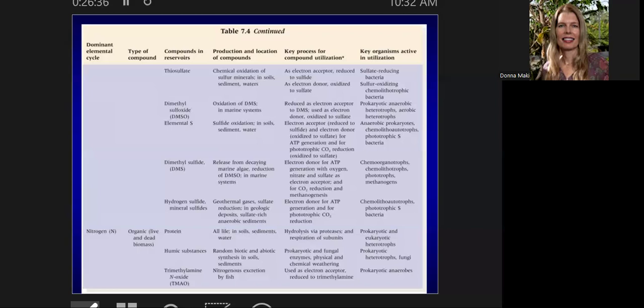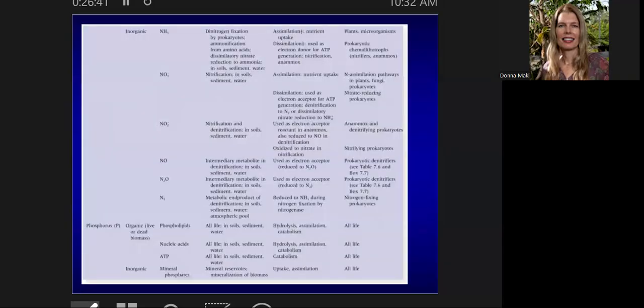We'll look more at some of these ideas when we get into bioremediation. But here you can see a variety of inorganic forms. So we've briefly touched on this idea that some microbes can use a nitrogen source. They don't have access to oxygen, so they often will look for a nitrogen source to stick on the end of their electron transport chain. And so you're seeing some of those ideas here.